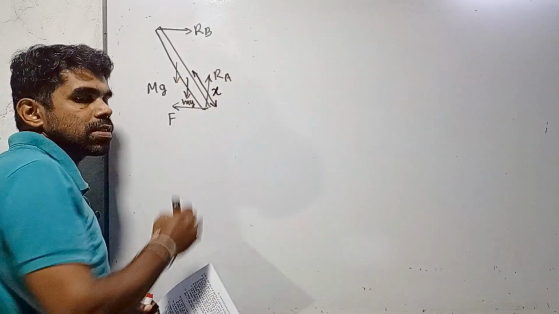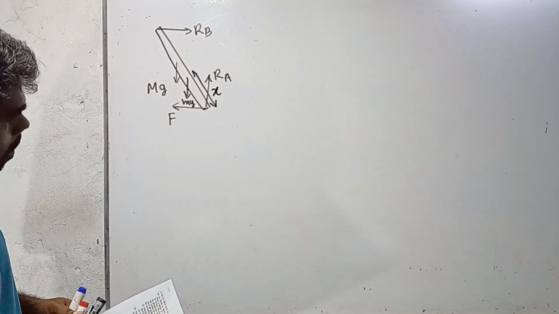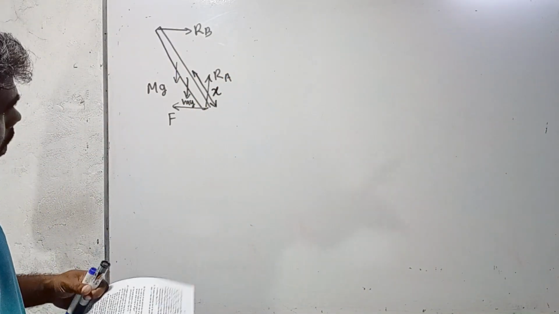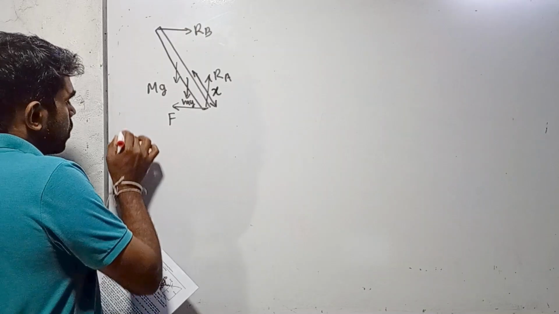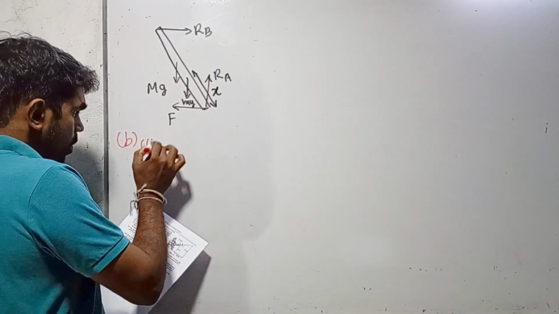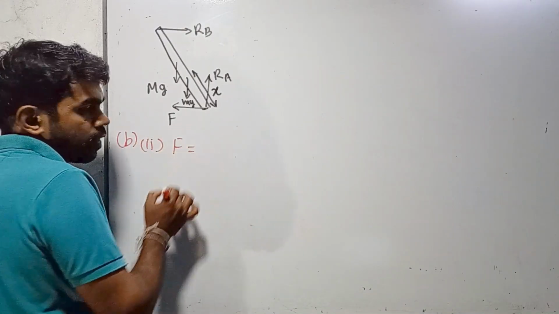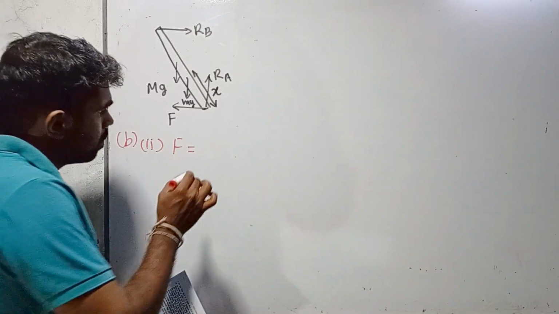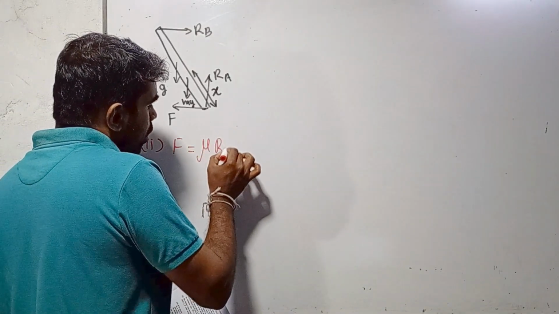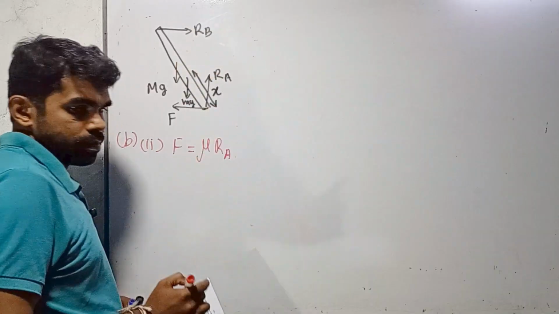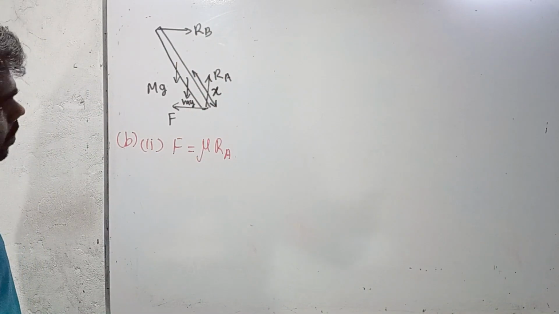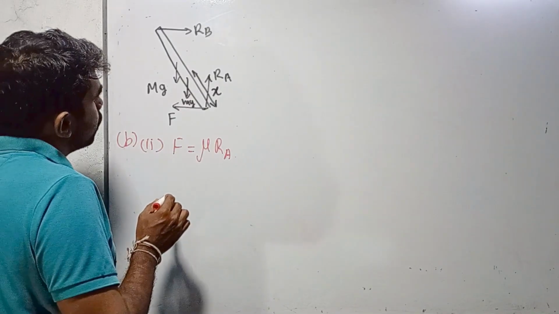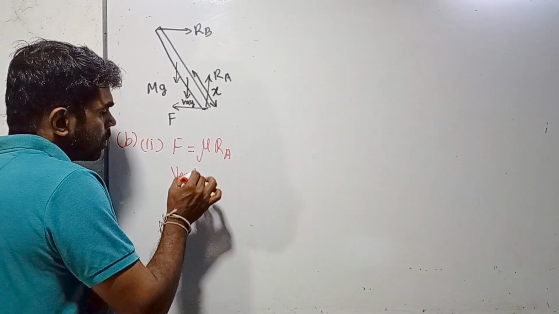This distance is x. Then we can write frictional force F equals mu R, mu Ra, the normal reaction at A. Then I will get vertical equilibrium.